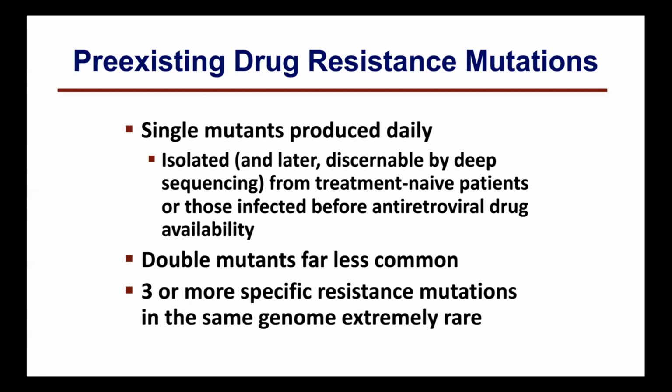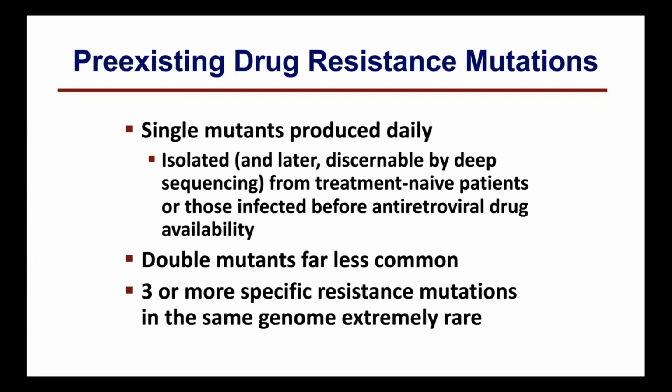With great effort, one could actually find them as rare isolates, and then later, as deep sequencing became available, and one could screen large numbers of viruses, you could find drug resistance mutations in the original wild type population. And these are from treatment naive patients who were infected before antiviral drug was available. So we knew that it hadn't been selected for.